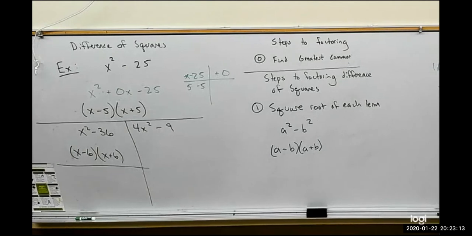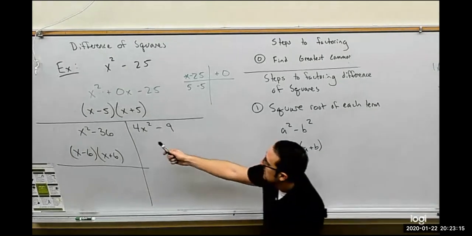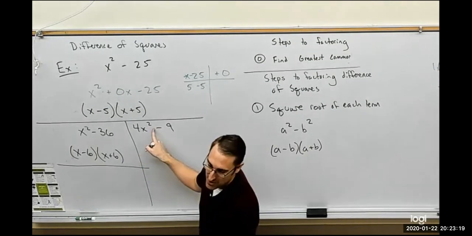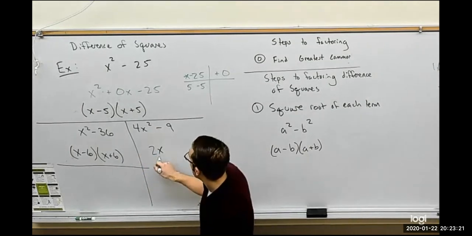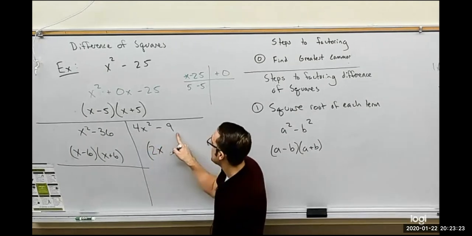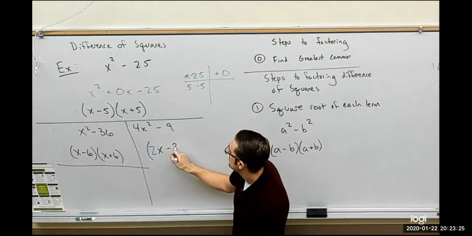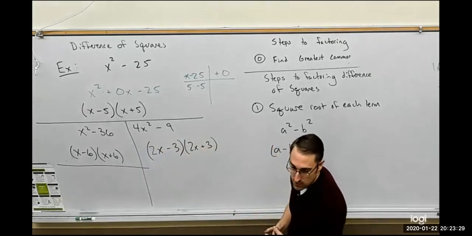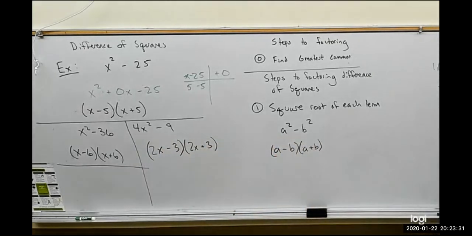All right, so square root of 4 is 2. Square root of x squared is x. So we get 2x, and then the square root of 9 is 3. So it would be 2x minus 3, 2x plus 3. One's always plus, the other one's always minus.